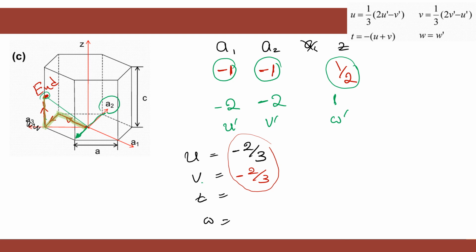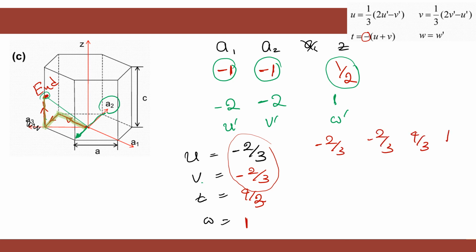Yes. So you're adding these two. So 4/2, that means 4/3. W is 1, not minus, because you have a negative in front. So now you have -2/3, -2/3, 4/3, and 1.